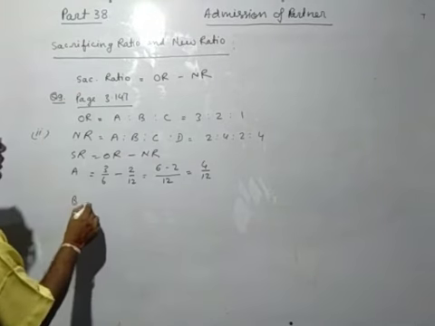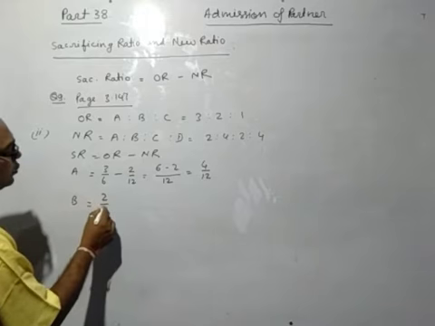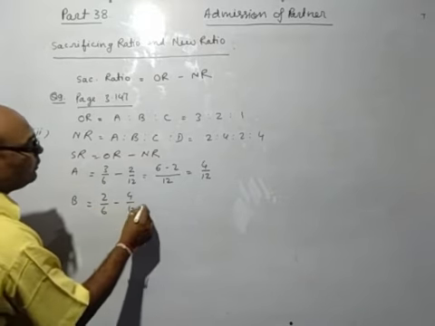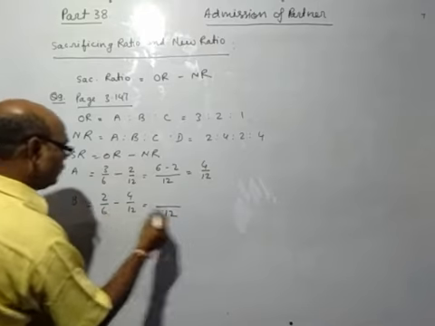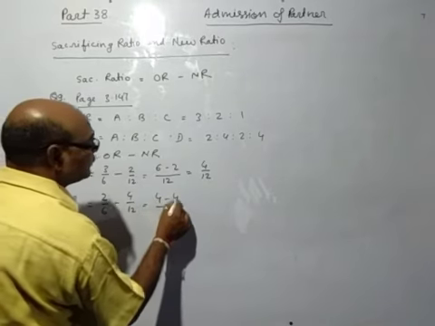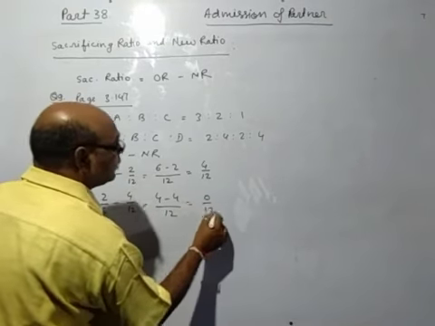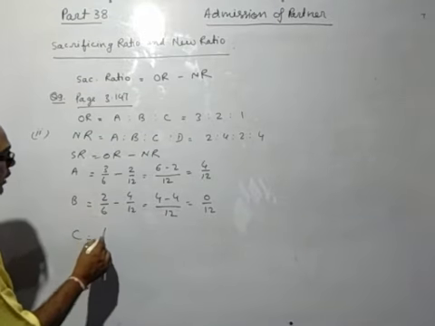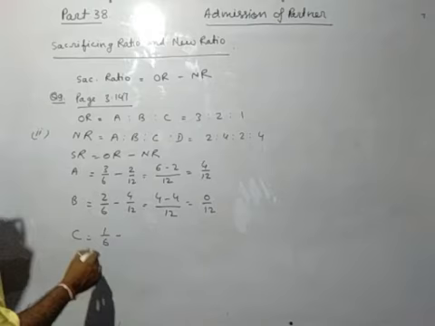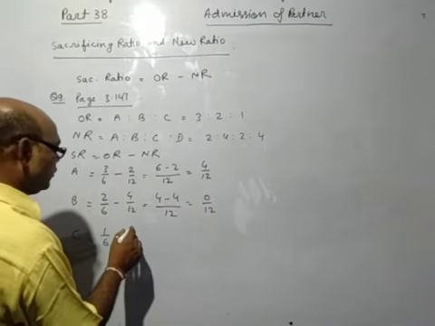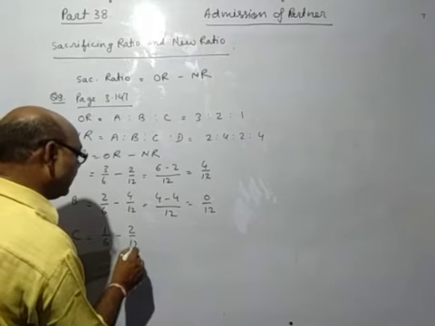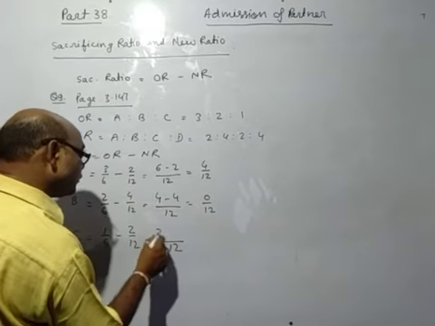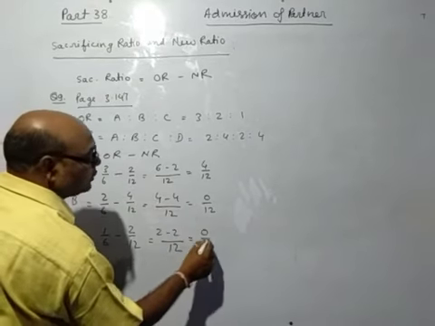And B old ratio 2/6 minus 4/12, LCM 12, that is 4 minus 4, 0/12. And C old ratio 1/6 minus 2/12, LCM 12, so 2 minus 2, 0/12.